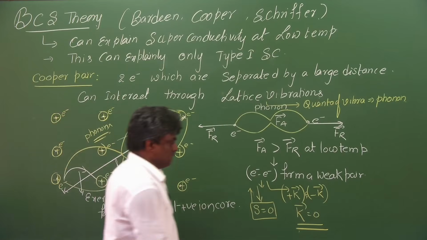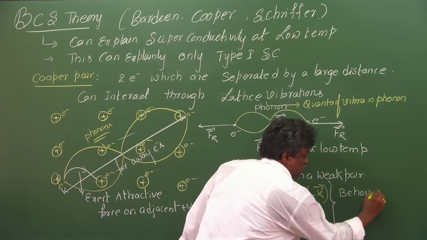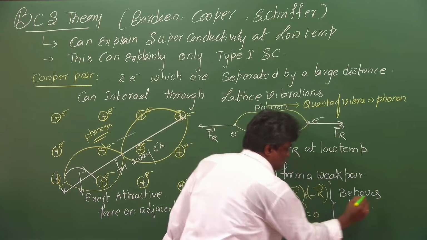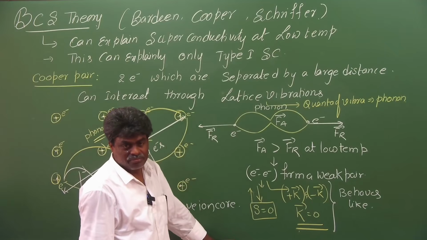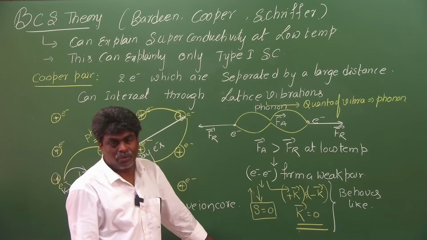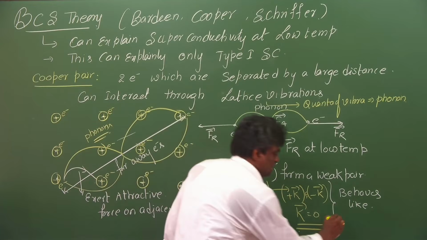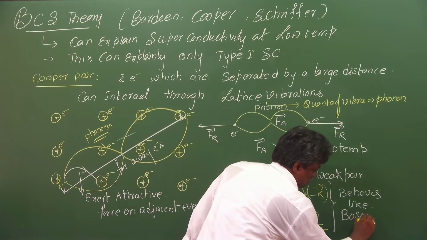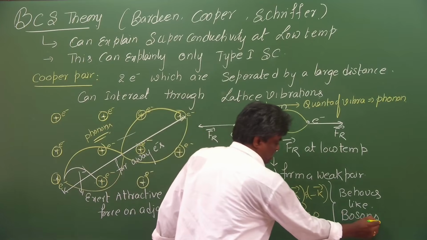And that's why they behave like, S equal to 0, they behave like bosons. So the electron Cooper pair is a boson.